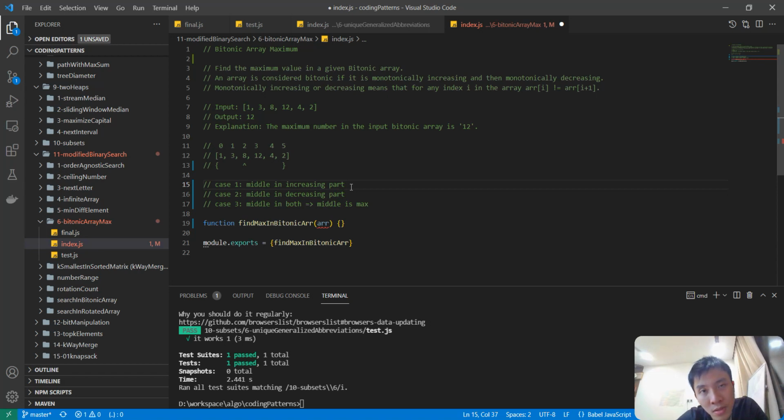We can compare with its next number on the right, which means I'm going to compare the array at middle versus array at middle plus one.